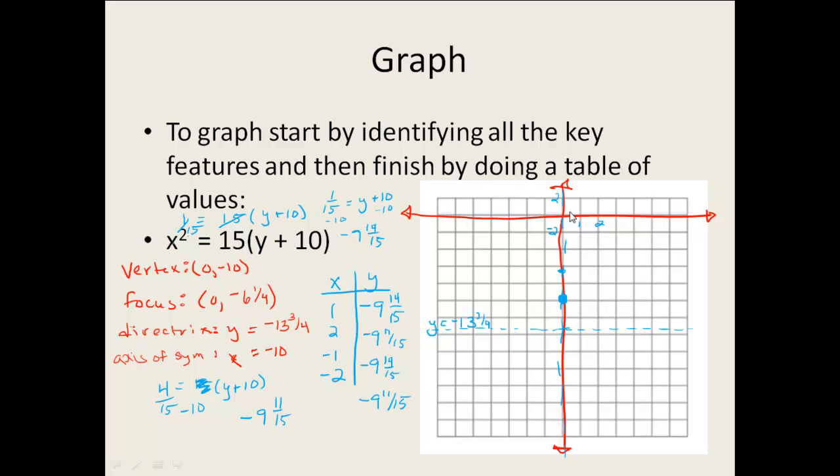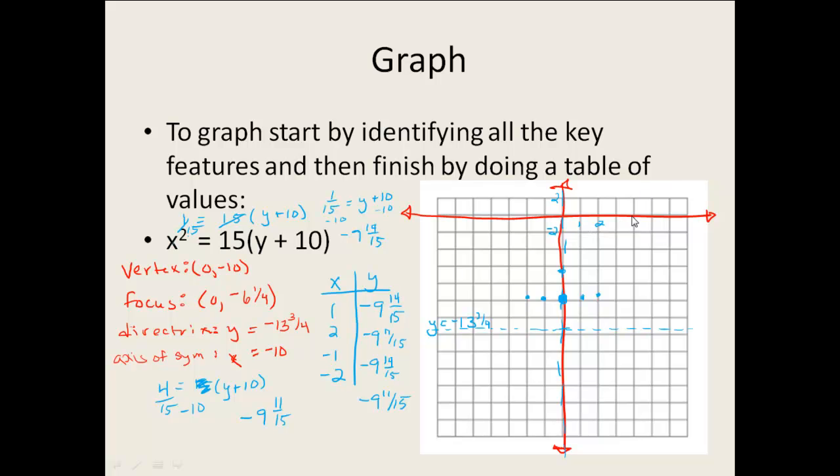When I go over here and I plot those, I go over 1 and down to 9 and 14/15. So that's right about there and right about here. When I go over to 2, it doesn't change much. So since this one isn't really changing much when we do 1 and 2, you might want to jump to a bigger value.